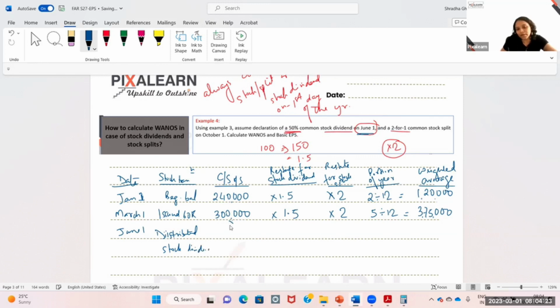Do you realize this now is becoming 1.5. So my total outstanding shares now becomes $450,000. No impact here because we've already given the impact in the weighted average. But when I take the totals, it is no longer 300. The total has now become 450 because there is a stock split that has actually happened in real time. Is this clear?